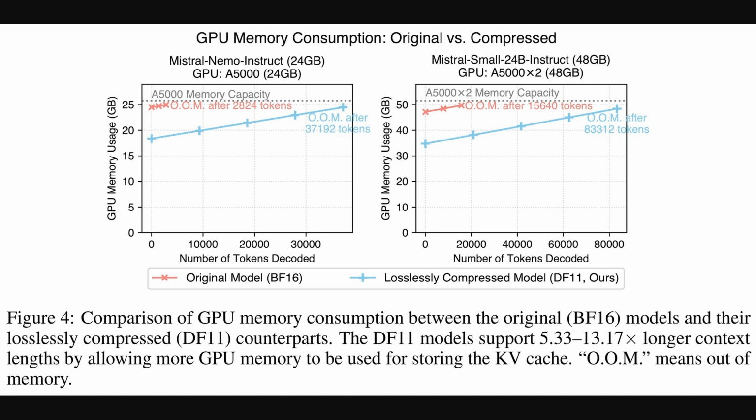And the big payoff is that because DFloat11 uses less memory for the model weights, there's more space left for the KV cache. This lets the model handle significantly more tokens. Look how much further the blue line goes before hitting the out-of-memory point compared to the original model. This translates directly to supporting much longer context lengths during inference.